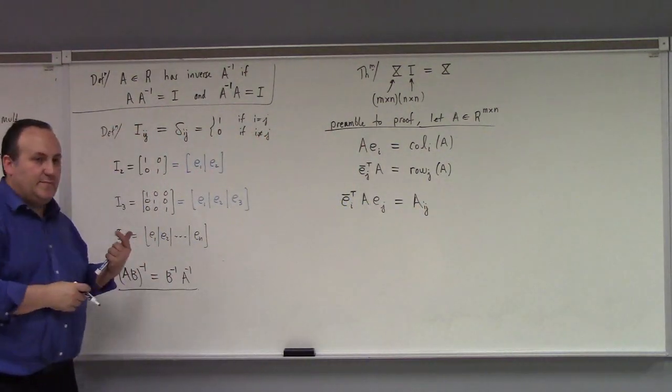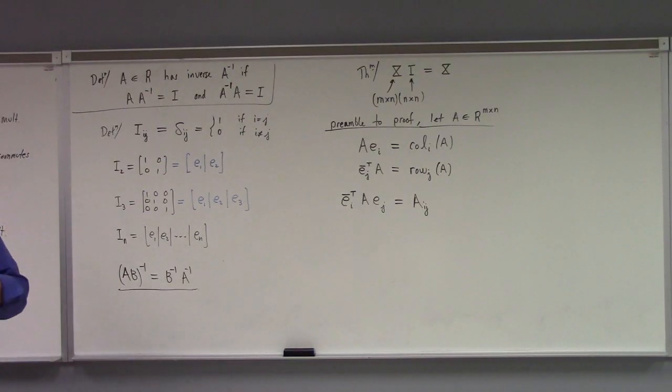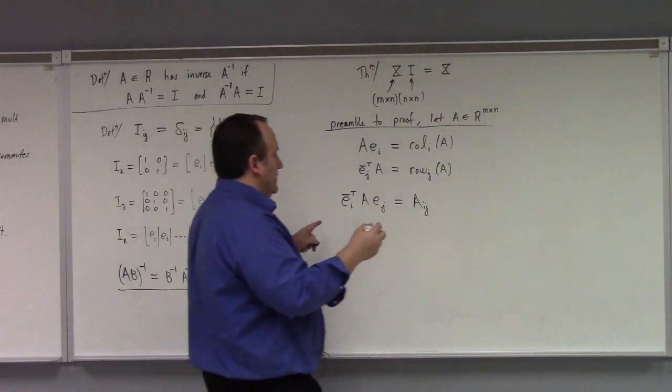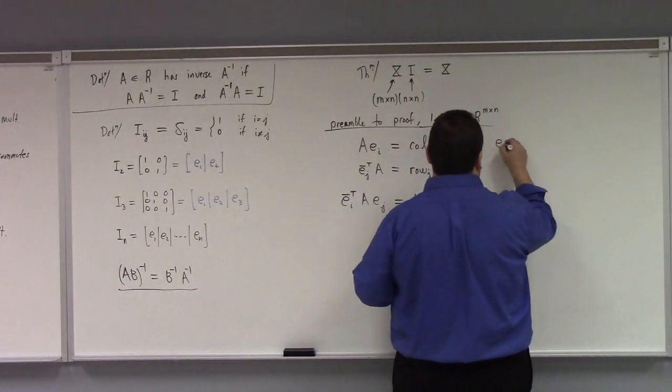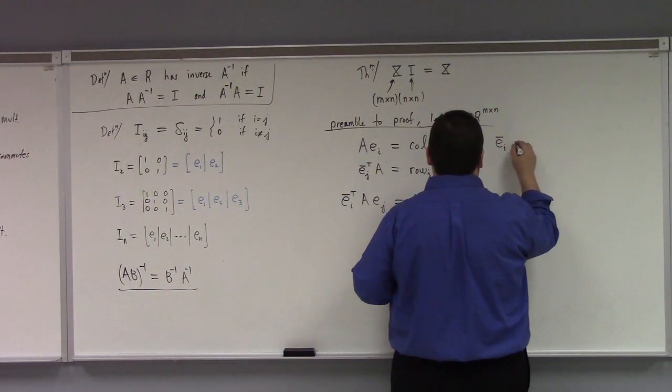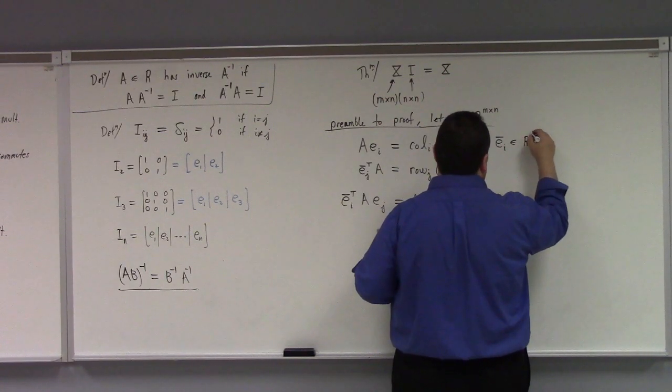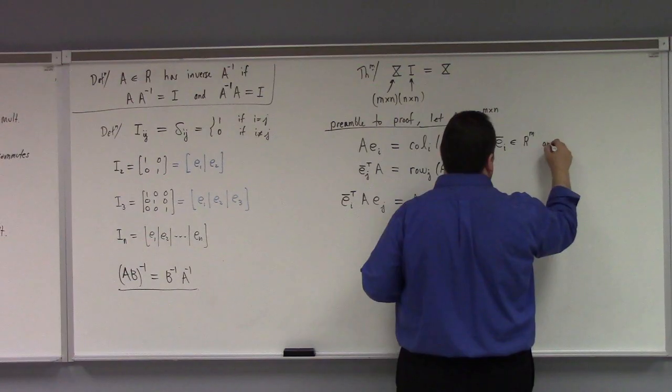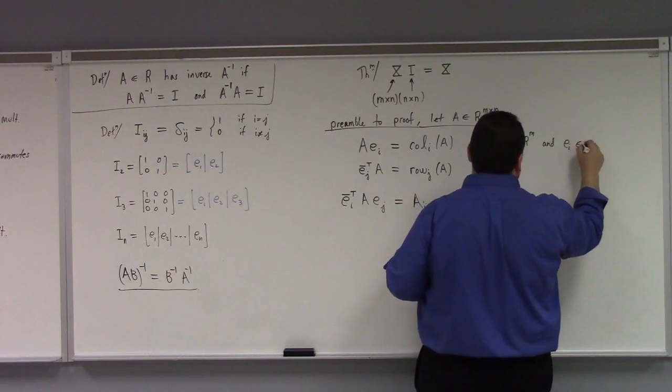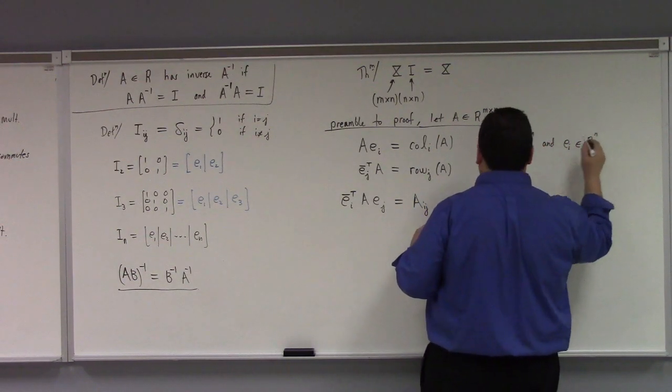So we'd actually select the ijth component. Listen, guys, the reason I'm using a bar on the one E and not on the other is because I want to allow the possibility that the matrix is rectangular. So I need a different dimension of the thing multiplying on the left versus on the right. So here I'm supposing E bar i is an element of Rm, and Ei is an element of Rn in my current discussion, okay?